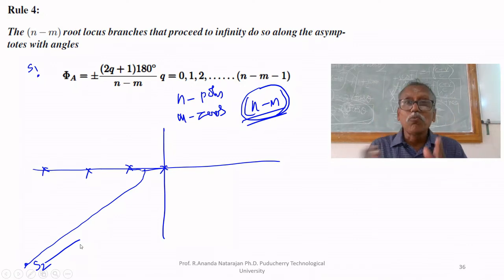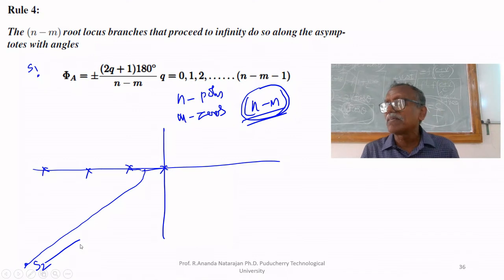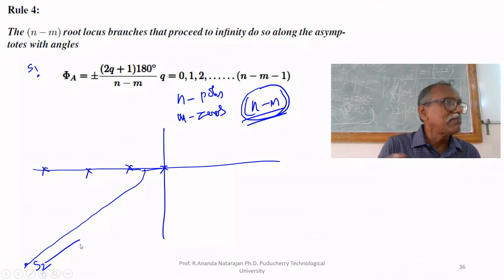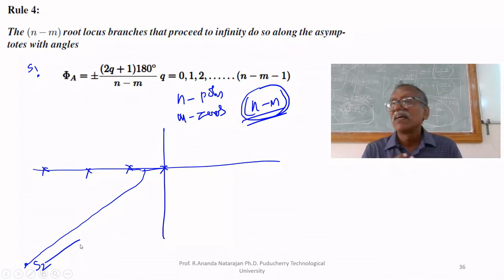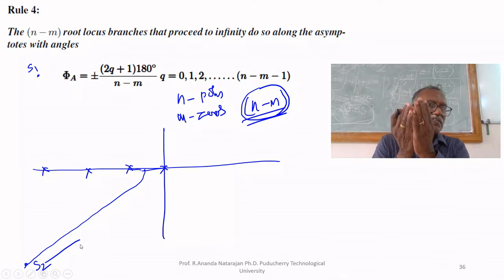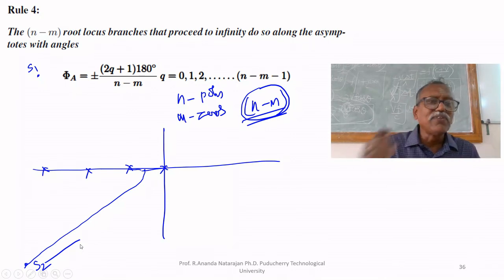Two parallel lines, mathematically, where will they meet? At infinity. Therefore, a parallel line is called an asymptote. Asymptote means tangent at infinity. Tangent means they are touching each other. Where are they touching? At infinity.